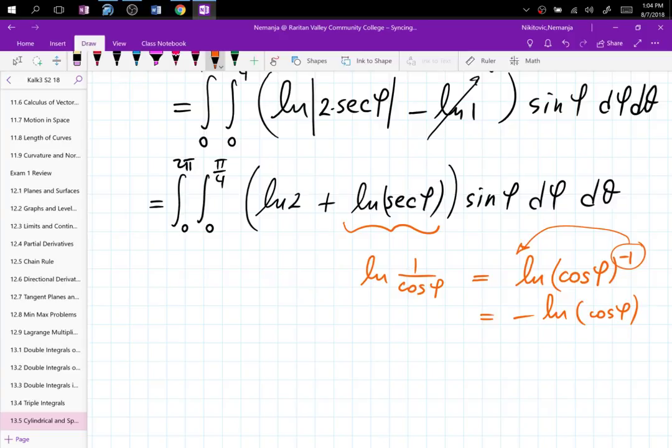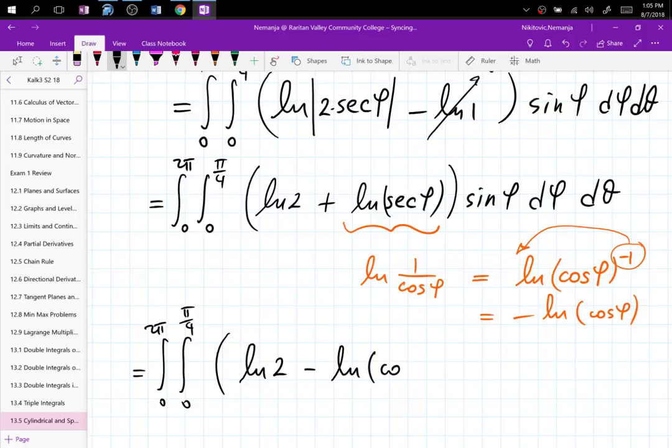You have a ln of cosine phi times sine phi. So u equals cosine. You have the sine for du. And now we have, for the first time, a non-basic integral. It's a calc 1 u sub. Ooh. So let's write this one more time now. This is integral 0 to 2 pi, integral 0 to pi over 4. Inside I have ln 2 minus ln of cosine phi.